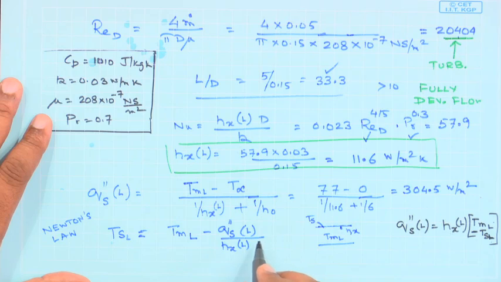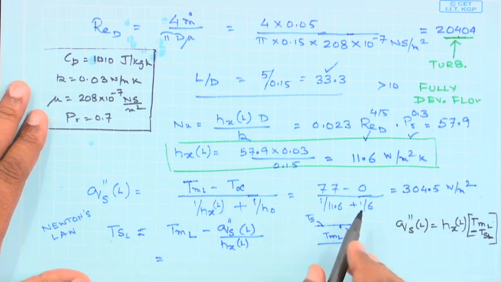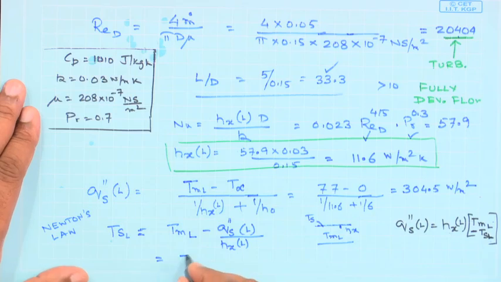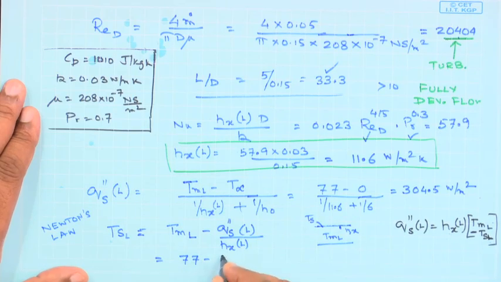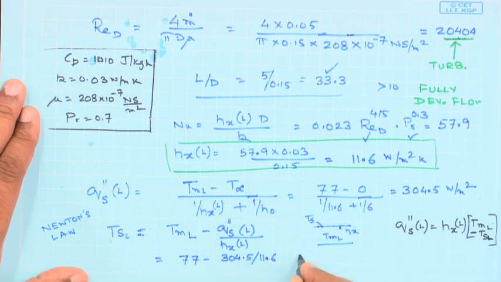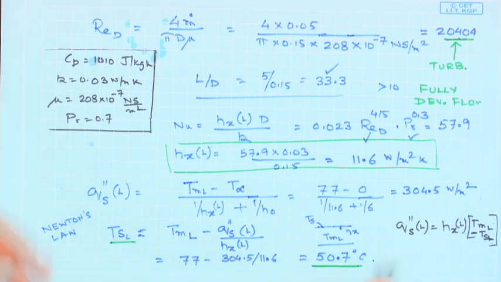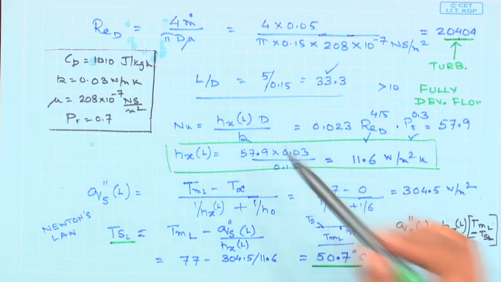So, once you put the values in here, T_m,L as we know is 77 minus 304.5 divided by h_x, which is 11.6, this would turn out to be 50.7 degrees centigrade. So, this is the temperature of the air at a distance of 5 meters.